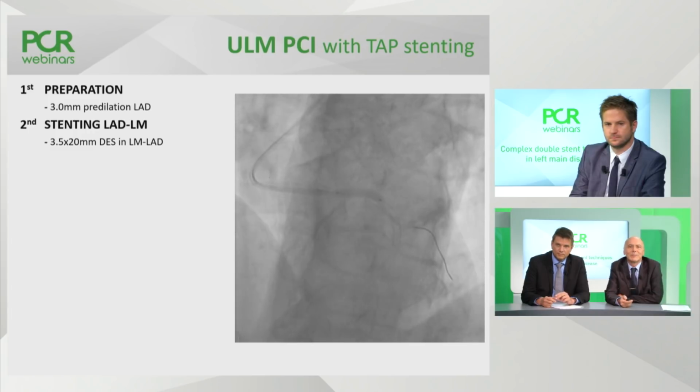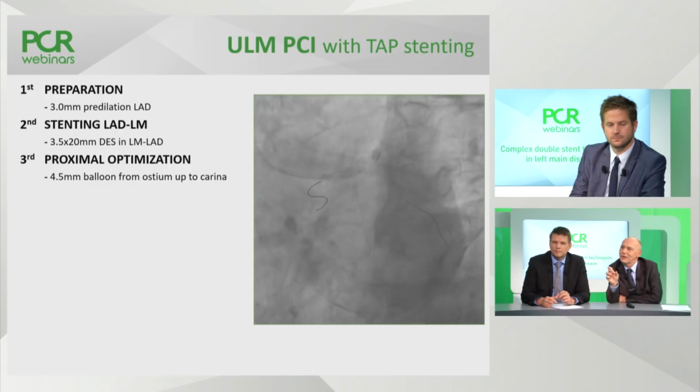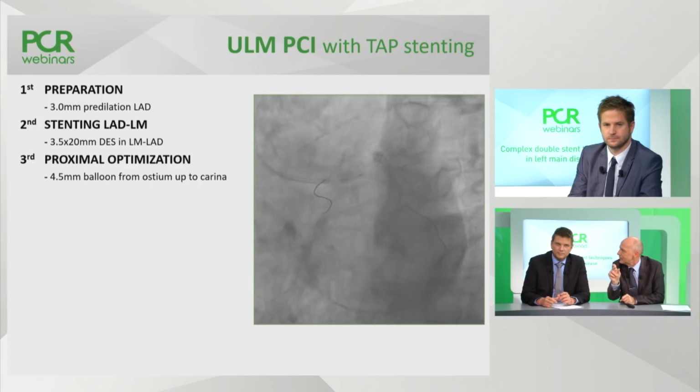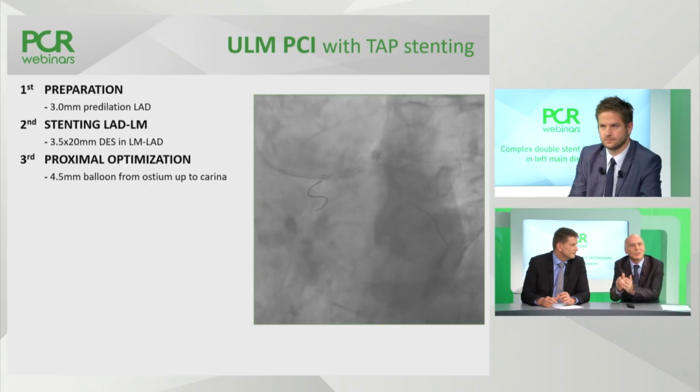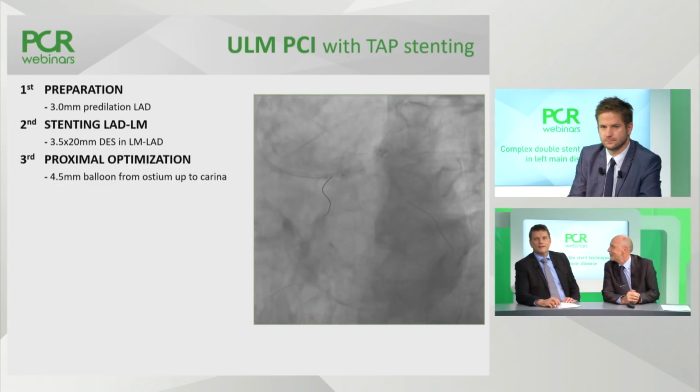So 3.5 by 20 drug-eluting stent, and then I used a 4.5 non-compliant balloon from ostium up to carina for POT. Here you can appreciate the POT, and you can also appreciate that I went from LAO cranial projection to the LAO caudal with best separation of the wires to really do POT in this projection, because I don't want to push the carina to the circ and make my life more difficult.